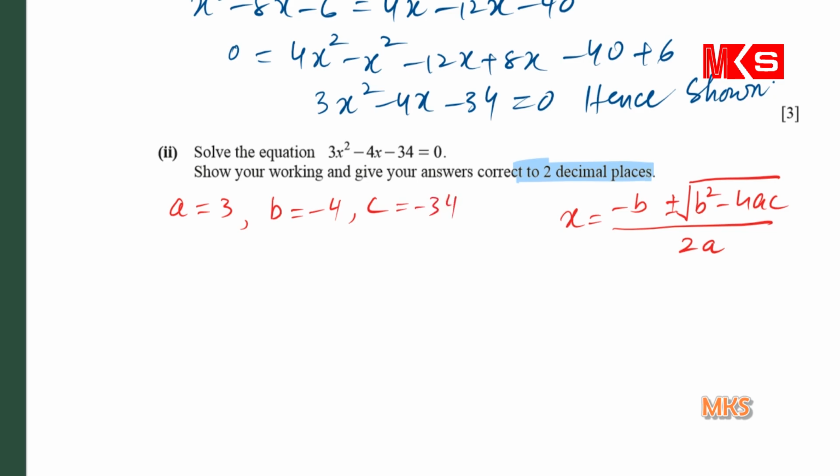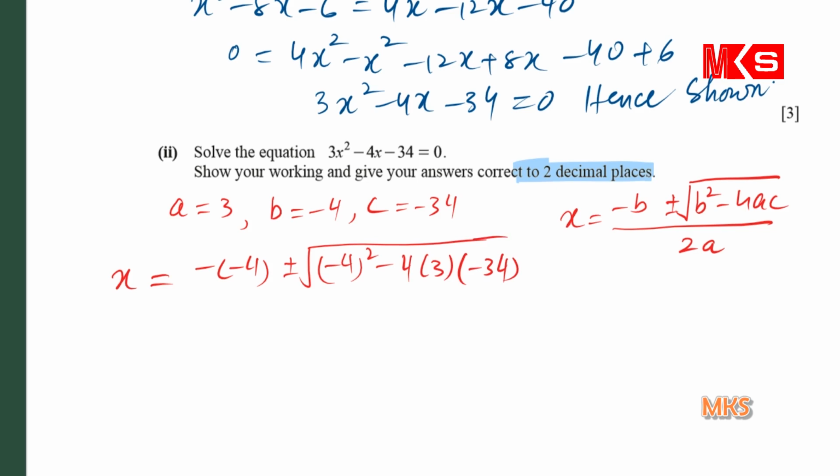Now we will substitute these values of a, b and c in the quadratic formula. That will give x is equal to minus minus 4 plus minus square root of minus 4 squared, because b is negative 4, minus 4 times 3 times minus 34, which is c, whole divided by 2 times a, which is 3.